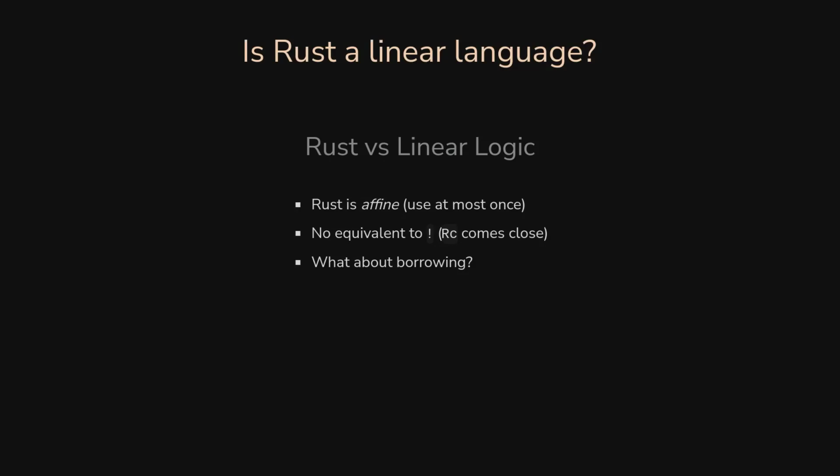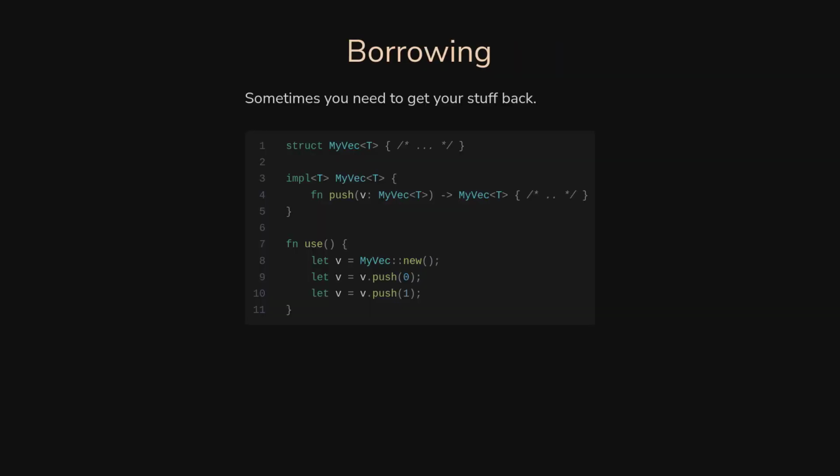Okay, so now I talk about ownership, but what about borrowing? If you have Rust without borrowing and lifetimes and just ownership, it becomes quite tedious to do mutations, basically. Often in a linear type system, when you give something to a function, you cannot use it anymore, but if you want to push to a vector, once you push, you might want to push something else.